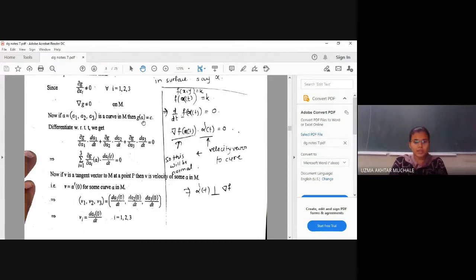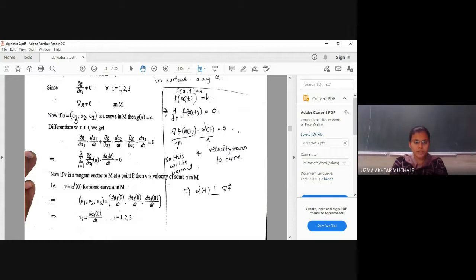Because if alpha is a curve in a surface, then it should satisfy the equation of the surface, just like a point on a straight line must satisfy the equation of the straight line. So here we have just differentiated this, as g is a function of alpha and alpha is a function of t.